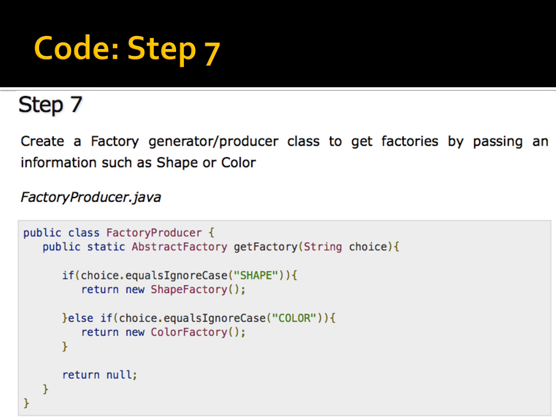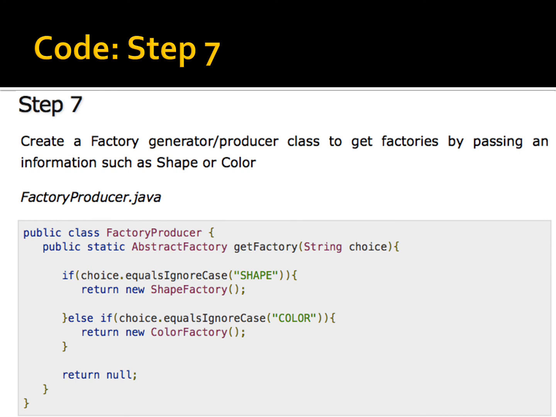This get factory method already has input in the form of a string, a choice. If the user passes any kind of choice, then the decision for the creation of the factory instance will depend upon this choice. For example, if the user passes the choice as a shape, then only the shape factory instance should be created and returned. If the user passes the choice for the color, then the corresponding factory instance should be created and returned, as in this case is color.